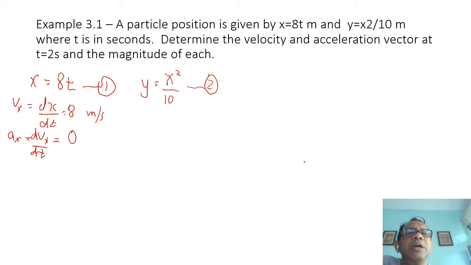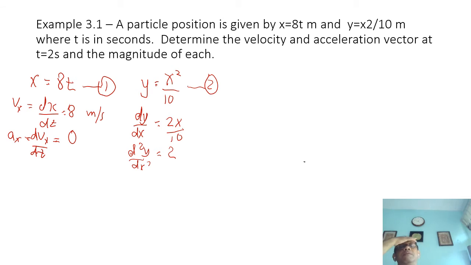And then y is not given as a function of t, but as a function of x. So let's find dy/dx equals 2x over 10, and d2y over dx squared equals 2. So these are the sets of equations that we have.